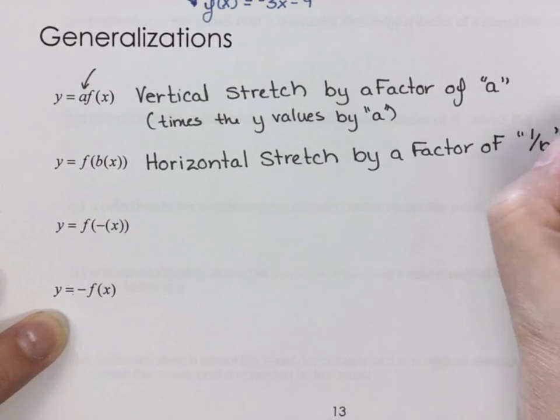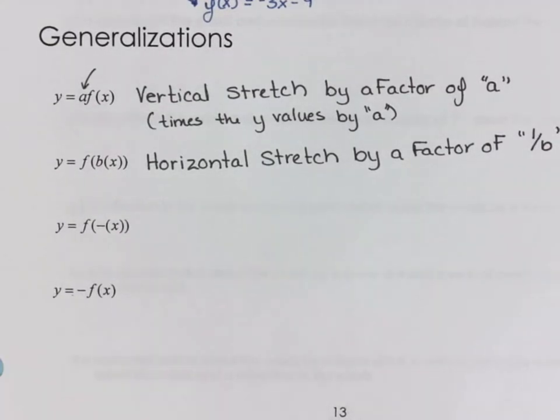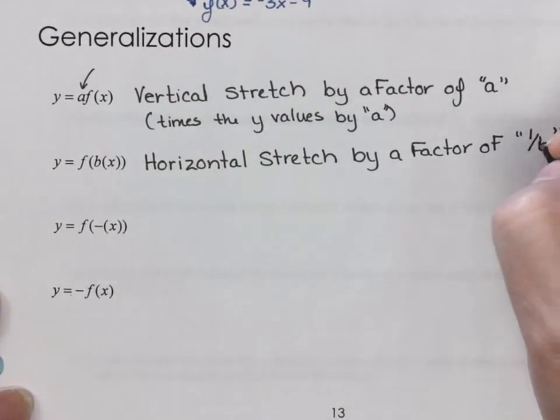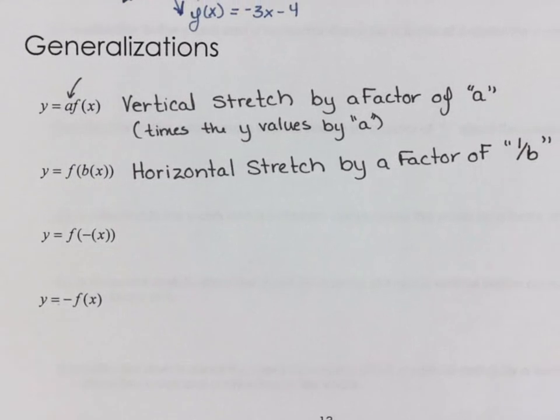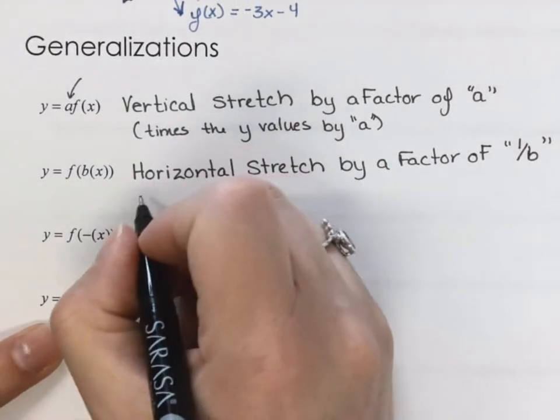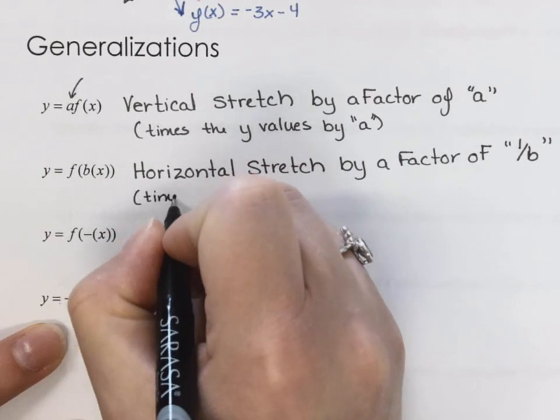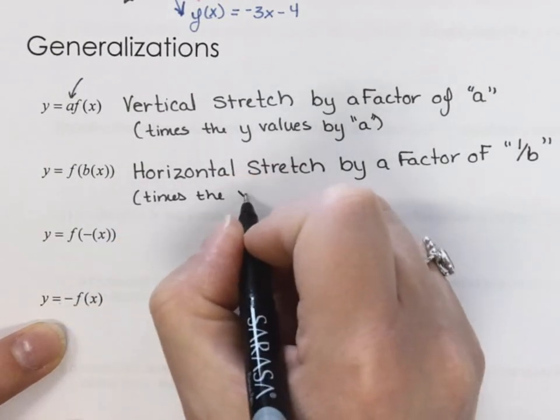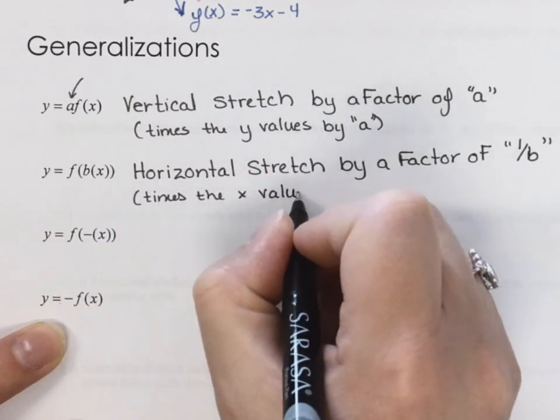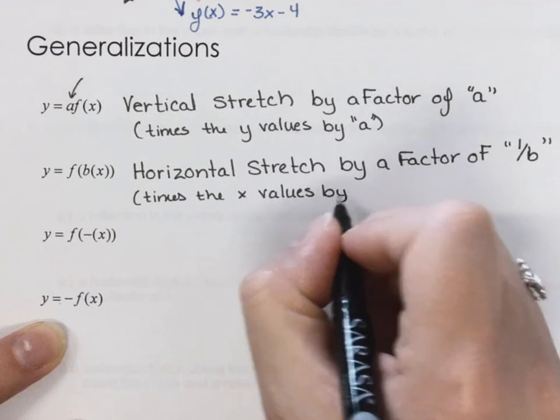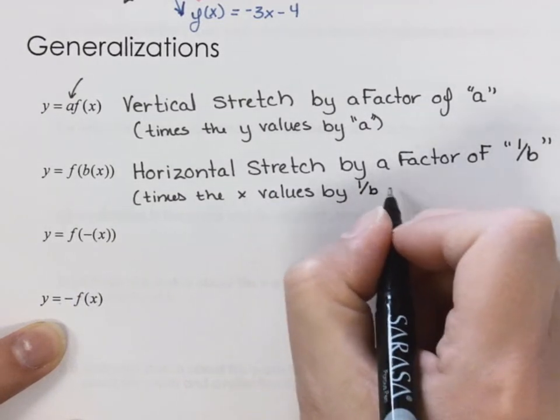Right? Because it's the reciprocal. And we don't know what the number b is. And make sure your b's don't look like 6's here, folks, so that you realize that this is a generalization. So we're going to times the x values by 1 over b.